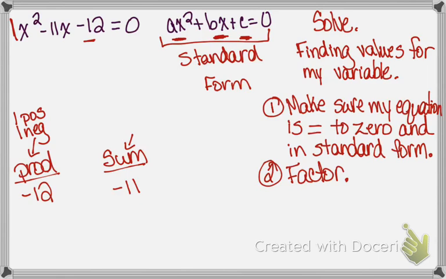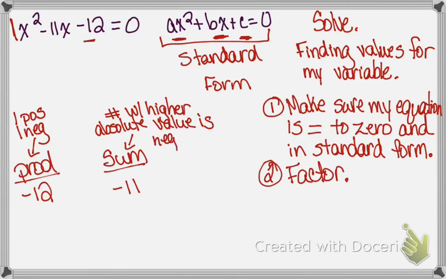Because my sum is negative, that means the number with higher absolute value is negative. That's what that means right there. Okay, so what are my two numbers?